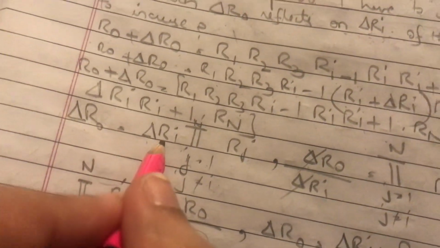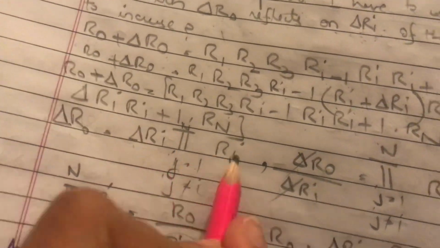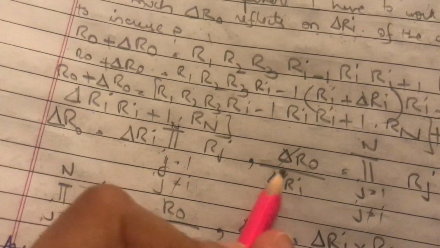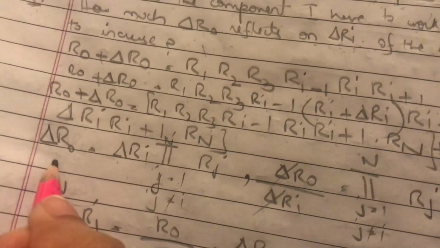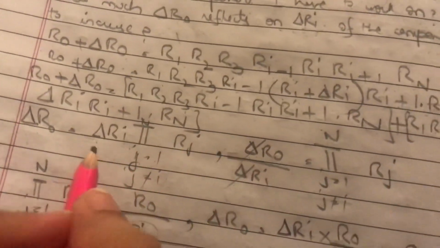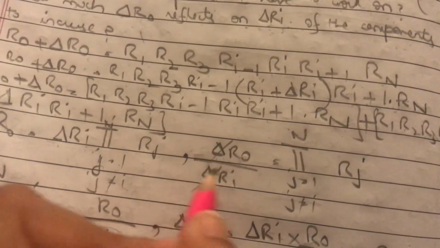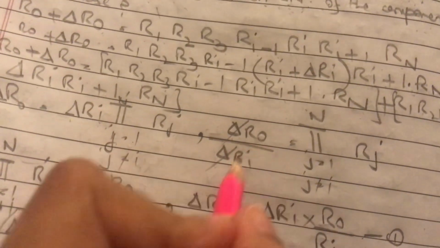So from this, we will take delta R0 over delta Ri. This delta Ri goes down there, right? When it goes down there, this delta cancels out, and what it becomes now is R0 over Ri.